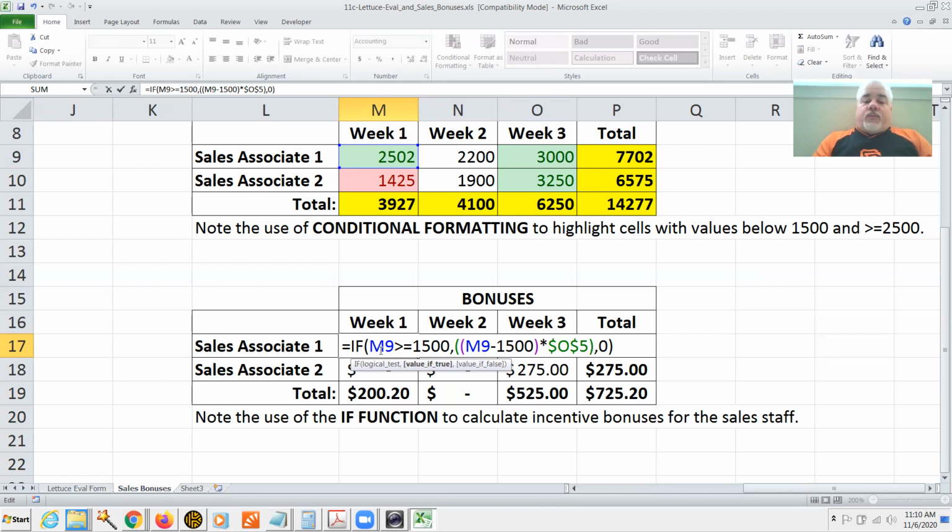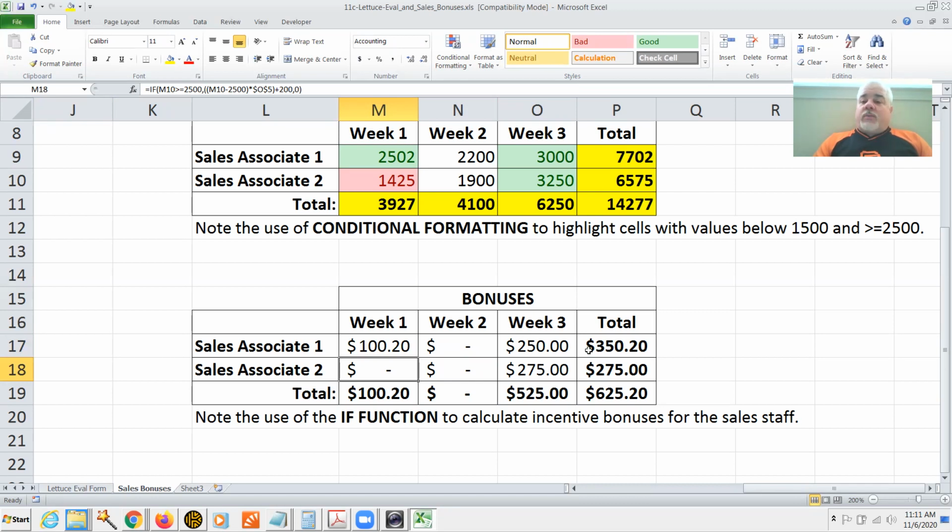For every one, the logical test, everything that's greater than or equal to 1,500, I'm going to give a bonus of 10 cents per unit. And how do I calculate that? I take my value in M9 minus my 1,500, which is all that I'm not getting the 10 cents on. The difference, I multiply times my value here, which is 10 cents. And what's that now? All right, if I'm just getting 10 cents a unit above 1,500, I'm only getting $100.20. It's a smaller bonus that way.